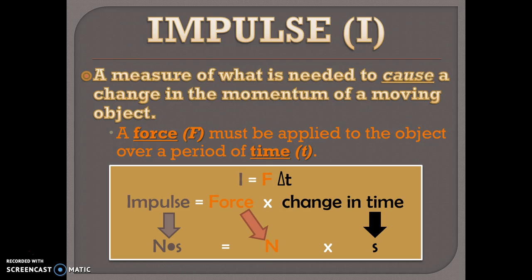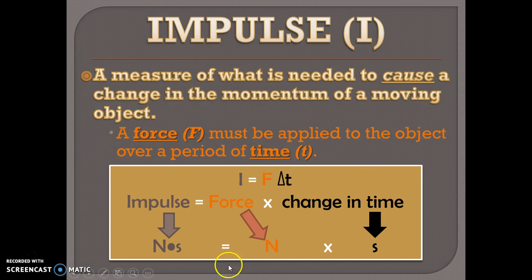Last but not least, you have the term impulse, symbolized with capital letter I. Definition for impulse is it's a measure of what is needed to cause a change in the momentum of a moving object. Whenever we want to equate impulse to change in momentum, they're always going to be equal to each other.